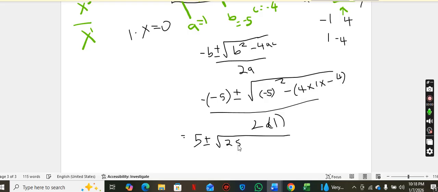So -5 squared, that's 25, minus 4 times 4, that is 4 times -4, that is -16, over 2 times 1.